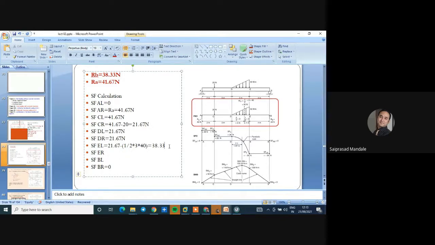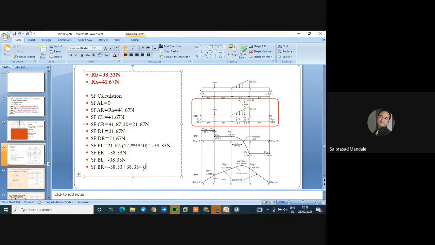38.33 Newton. Then right of the E is the same, 38.33 Newton. Left of the B is 38.33 Newton, and lastly 38.33 plus the reaction at B, which is equal to 0.